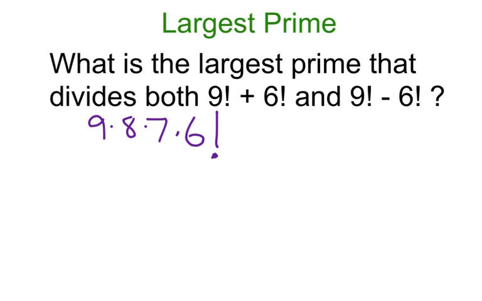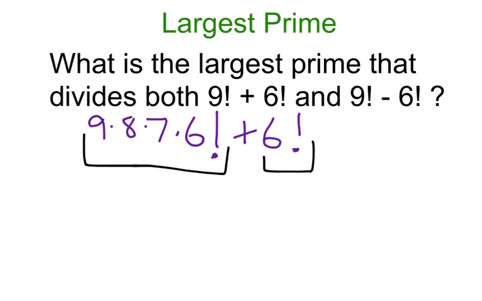But I'm not really being lazy, I'm being purposeful because I want to make sure that I have something that I can factor out here, because I have two terms. This is my first term and this is my second term, and I can factor out 6 factorial. In other words, it will go into both of these terms.